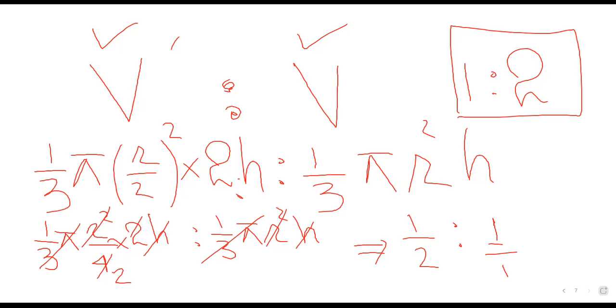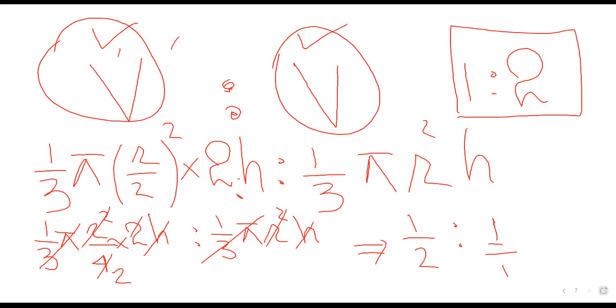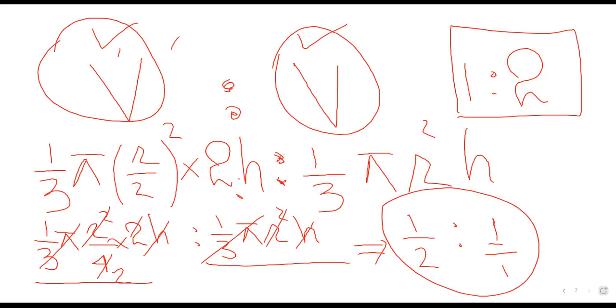So this was the new cone with the prime volume, and this was the old cone. You are just comparing their volumes, finding out the ratios. So you are just putting the values and all the things are going. So you have this mathematical ratio.